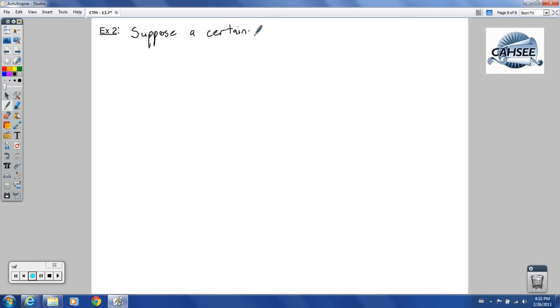Suppose a certain test, we're going to say it's the CAHSEE, but it's not going to perfectly line up with it. I'm not actually sure if the scores are normally distributed, but we're going to assume they are, right at about the proficient mark, which is about 380 most of the time. When you're taking the test, a 380 is proficient.